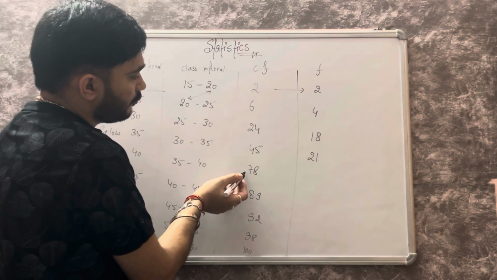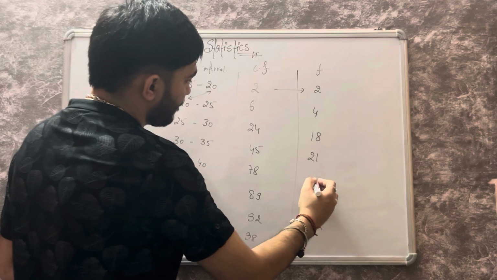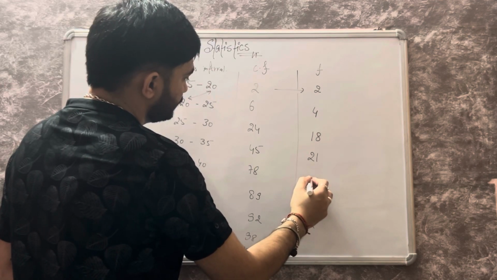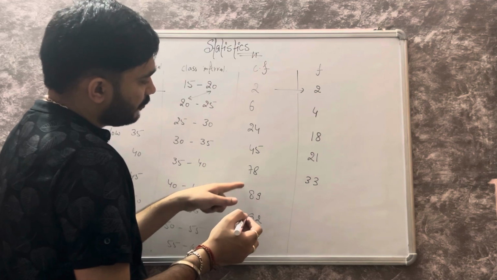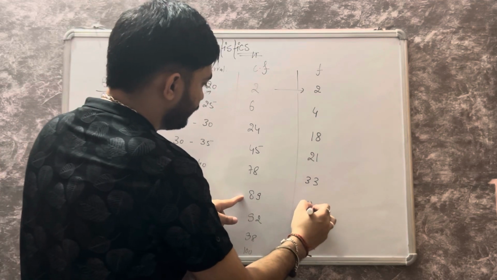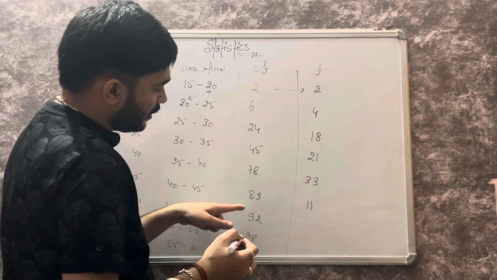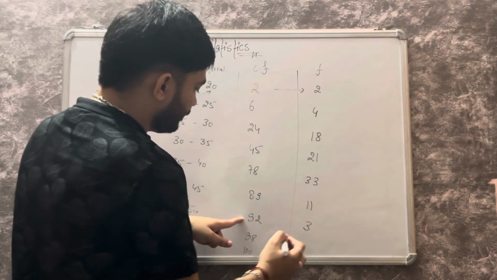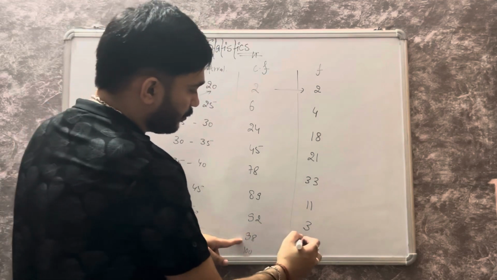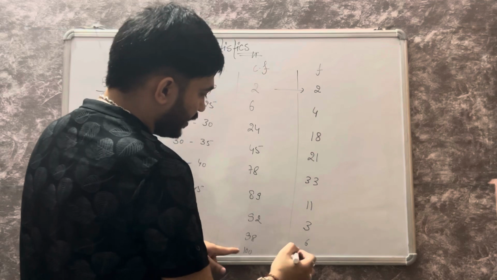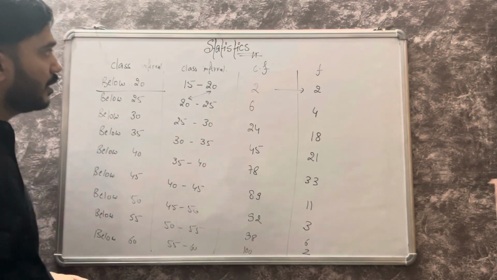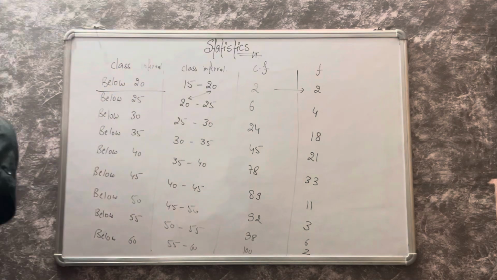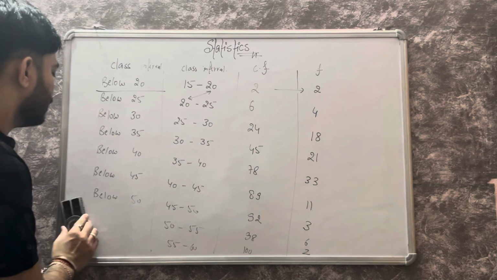Subtract 45 from 78, you will get 33. Subtract 78 from 89, you will get 11. Subtract 89 from 92, you will get 3. Subtract 92 from 98, you will get 6. And at last, you will get 2. Any doubt? Now we have made a table for ourselves.